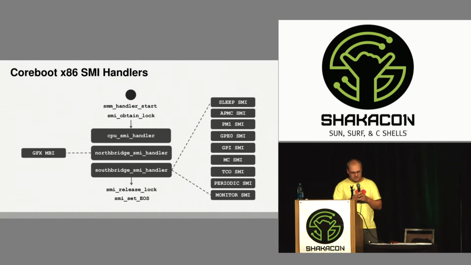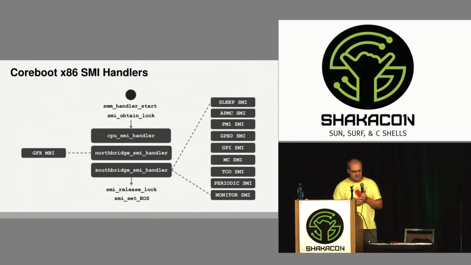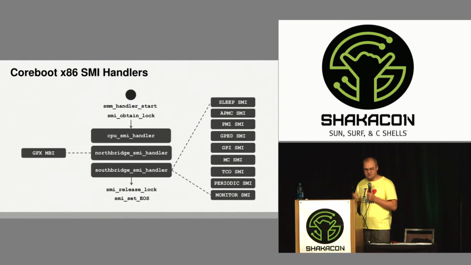Coreboot firmware has an almost similar structure, except it doesn't have that many SMI handlers. As you see, there are about 10 SMI handlers, and that's it. In a UEFI-based BIOS, there can be hundreds of them.